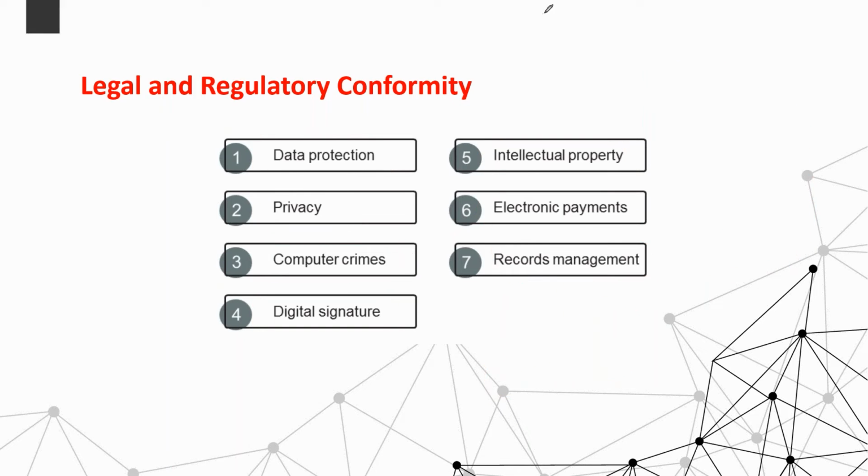So once we understand the organization's legal and regulatory conformity, after that we are going to determine some of the primary scopes. We also call them boundaries: boundaries to apply the ISMS, boundaries to establish the scope. There are certain factors as well.